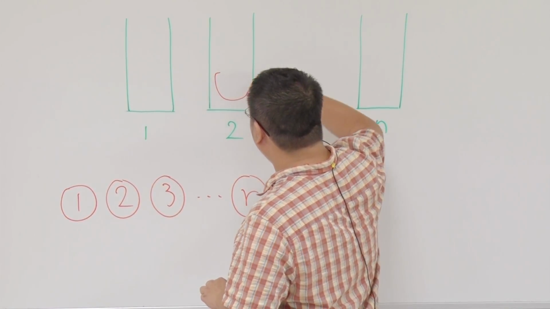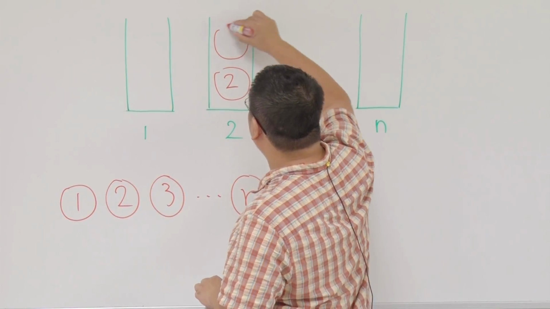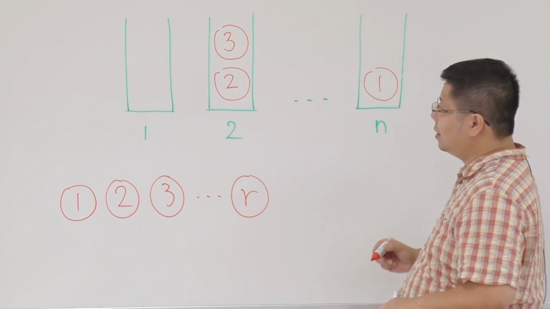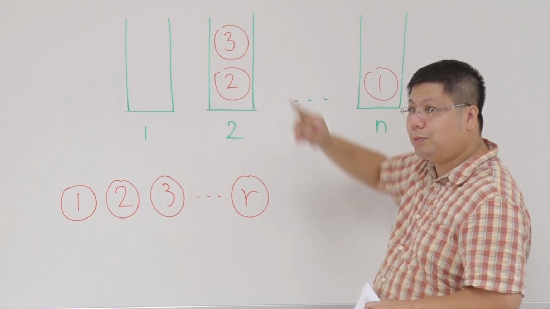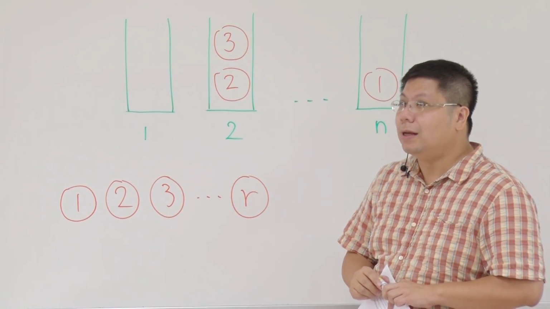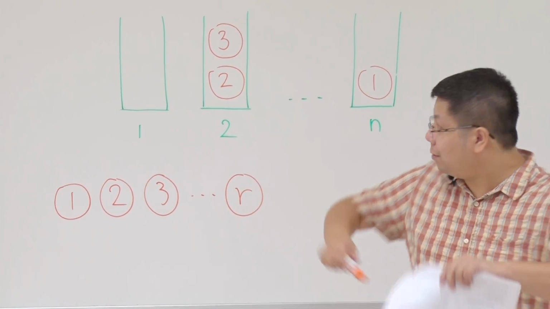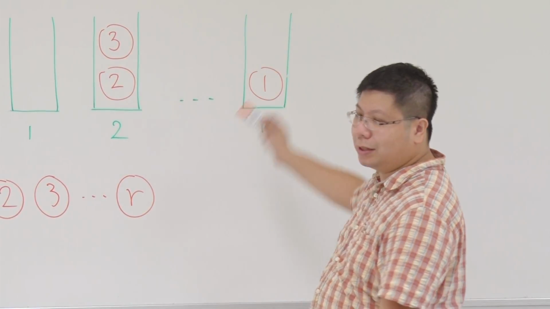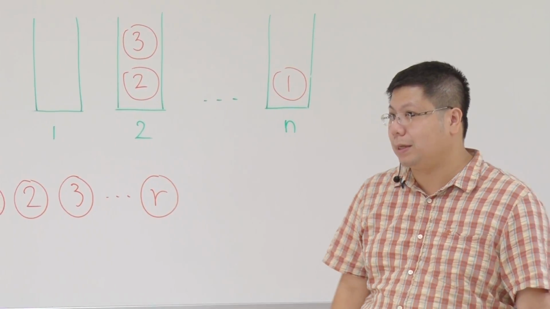Maybe I'm putting a ball 2 here, a ball 3 here, and maybe a ball 1 here. So 2, 3, and 3, 2 will mean different things. Is that okay? So we want to find out how many ways to arrange our balls into these n tubes.